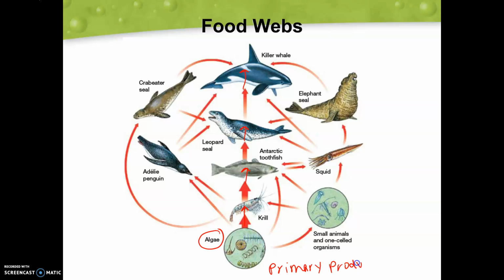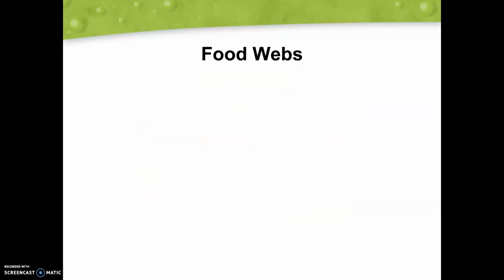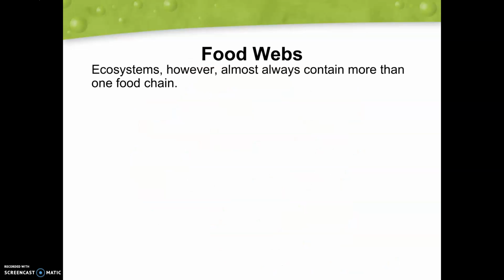Most of the time there is more than one primary producer in an ecosystem. In this case, we just have one, but you can see how it's connected to every food chain in this food web, which is good to see. So if we want a clearer definition of these food webs, it will almost always contain more than one food chain.